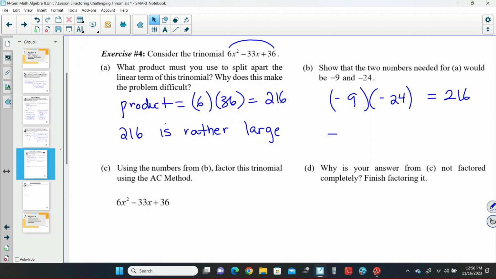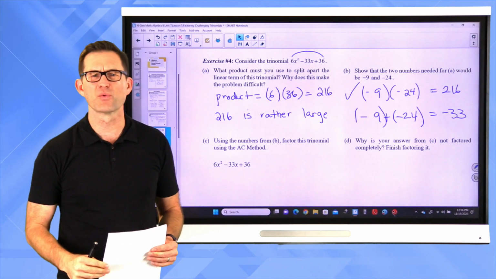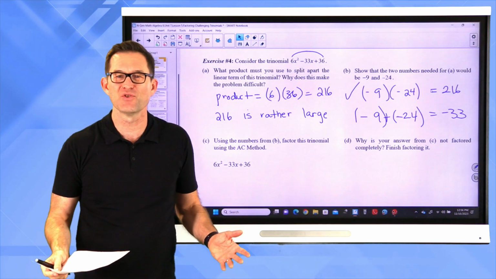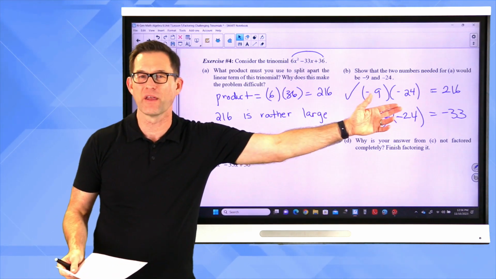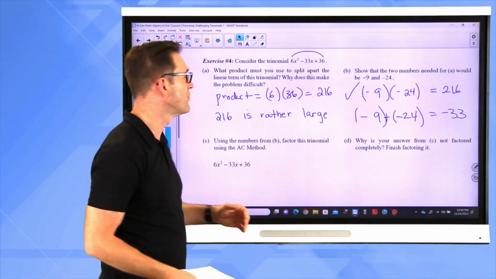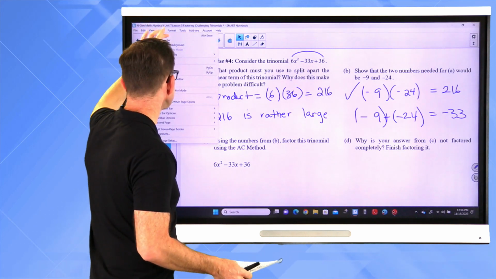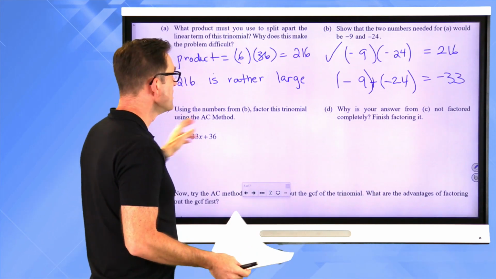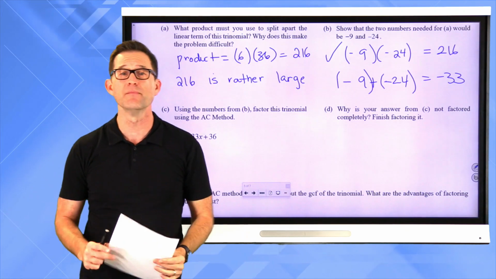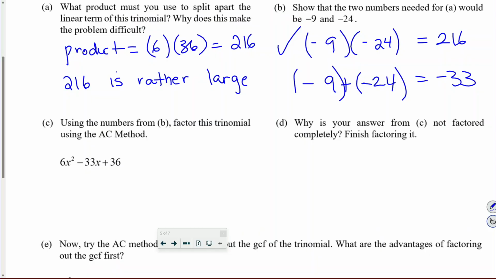And then obviously negative 9 plus negative 24 is negative 33. So those are the two numbers. But it might be tough to come up with the fact that the two numbers are 9 and 24, to be clear, negative 9 and negative 24. But since I told them to you, might as well use them. Let's take a look at letter C.